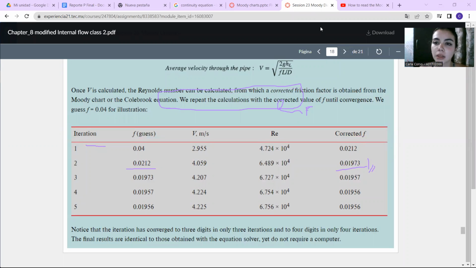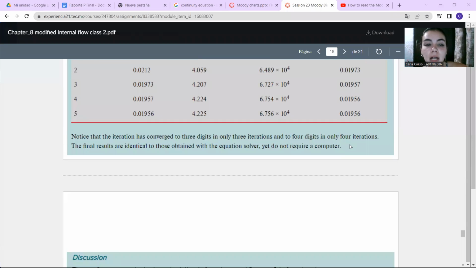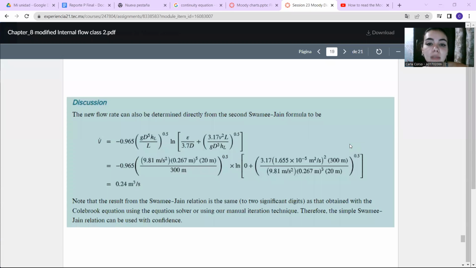I'm going to erase these drawings. Okay, so here we can see that the iteration converged to 4 digits after 4 iterations. And given this, we can calculate the flow rate with the Swamee-Jain formula.